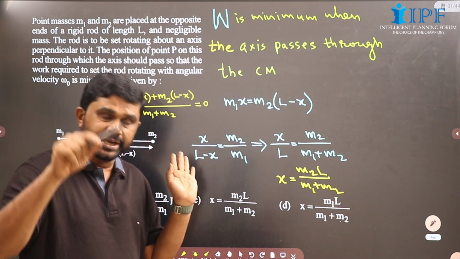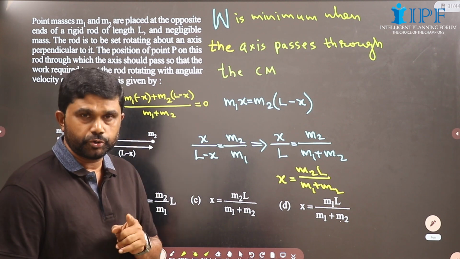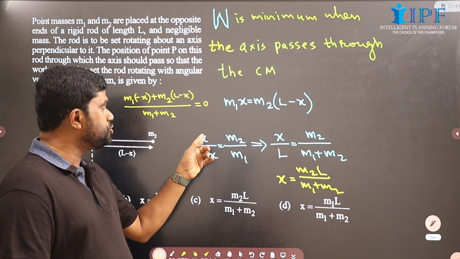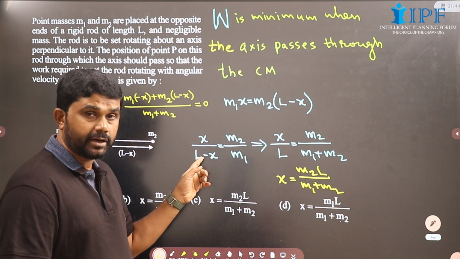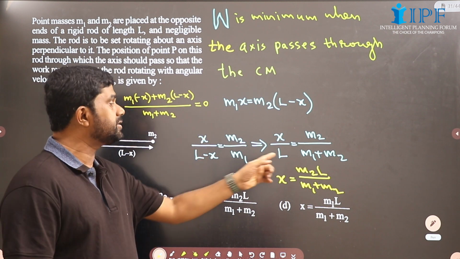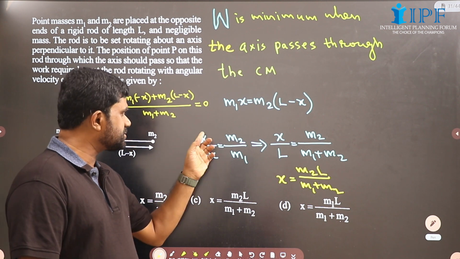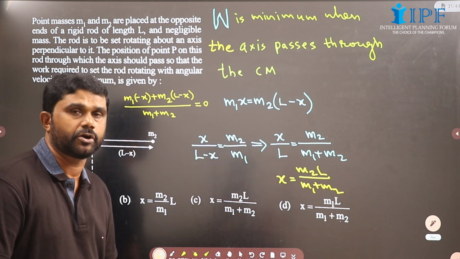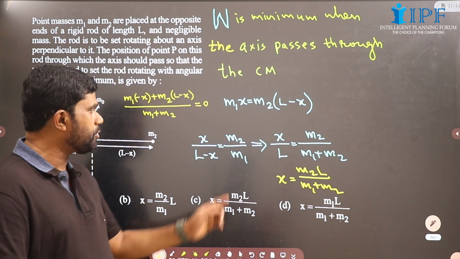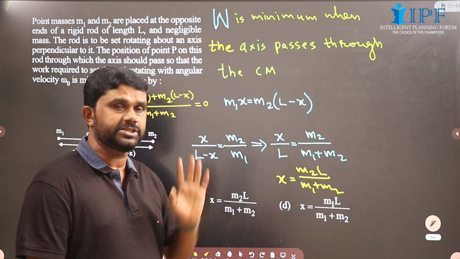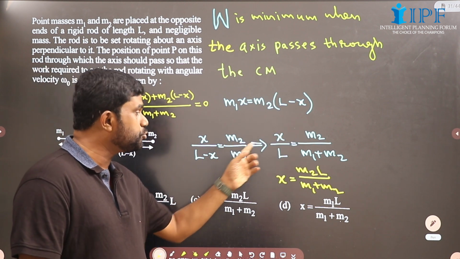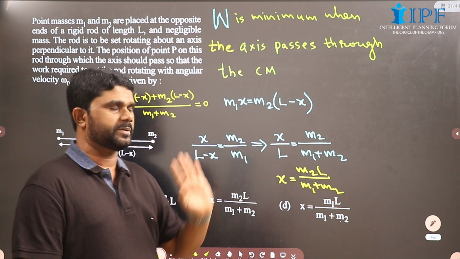And in the denominator, see what I am going to do now. I am going to add this numerator and denominator, and put that sum in the denominator. So L minus x plus x will be L, that I have put in the denominator. On the right side also you have to keep the numerator as it is, then the sum of these two must be in the denominator, meaning m1 plus m2.